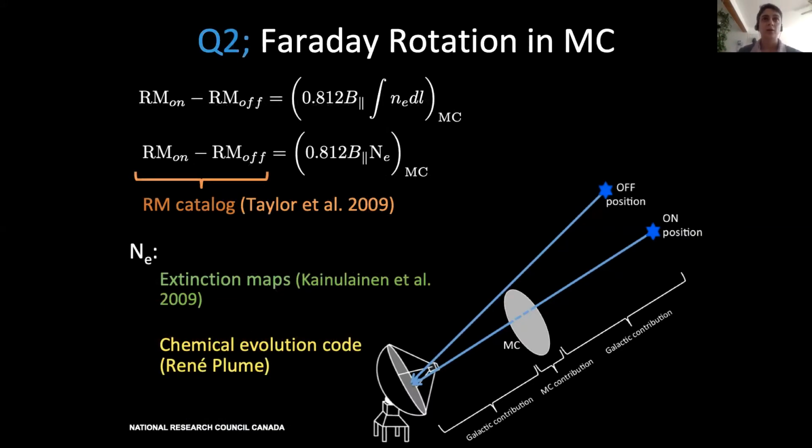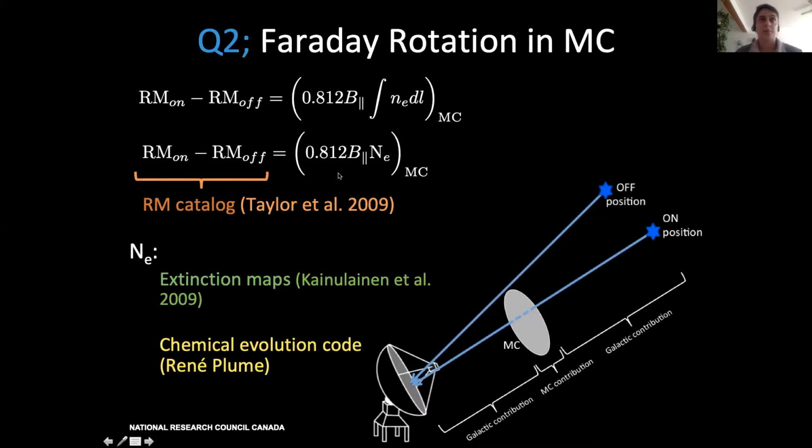And now, to answer the second question, we simplify the integral a bit further. We assume that the line of sight component of magnetic field in the molecular cloud is roughly constant. So we take it out of the integral, and what we're left with is essentially the electron column density.